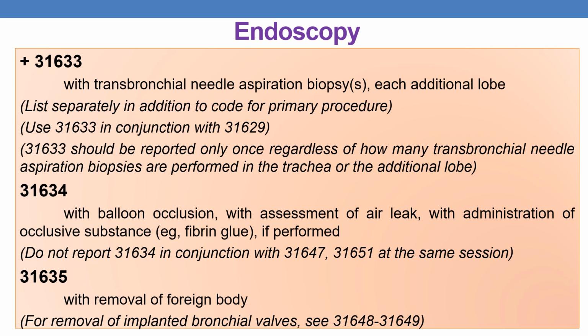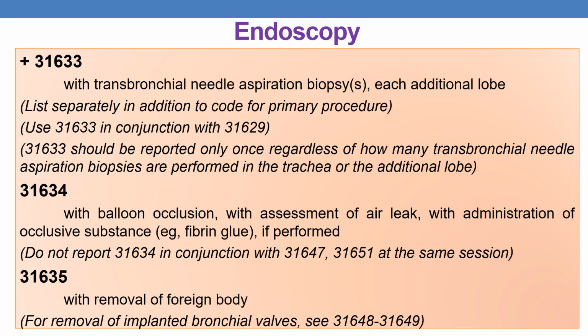The next add-on code is 31633. It deals with transbronchial needle aspiration biopsy each additional lobe, and it must be used in conjunction with 31629, which deals with bronchoscopy rigid or flexible with transbronchial needle aspiration biopsy, trachea, main stem and or lobar bronchus.